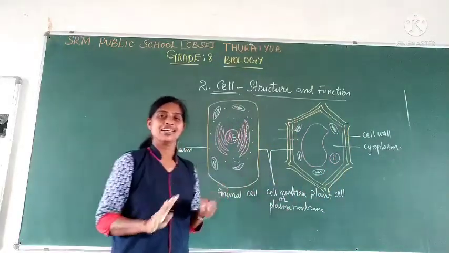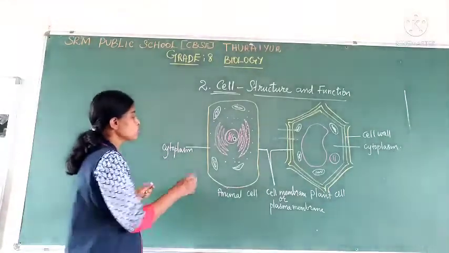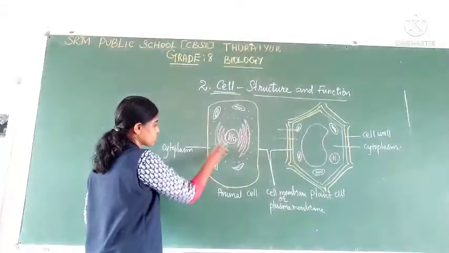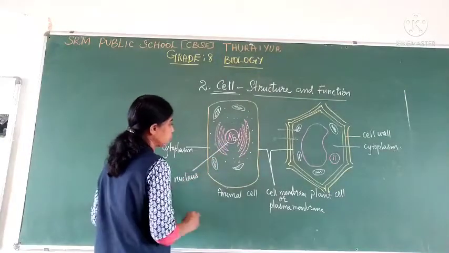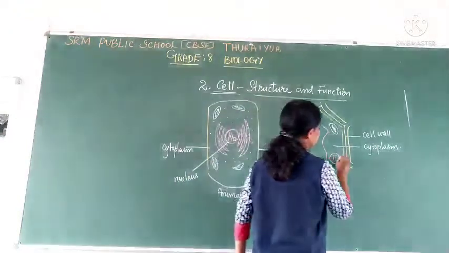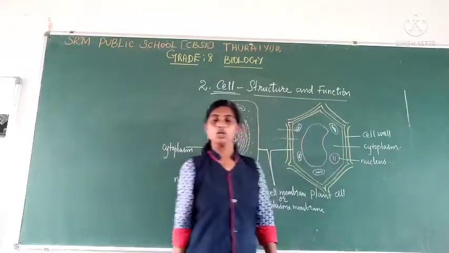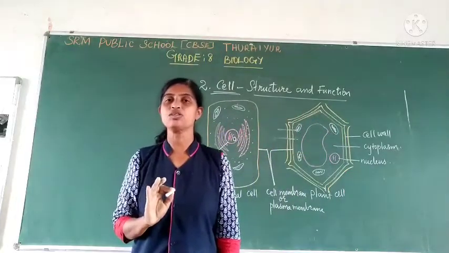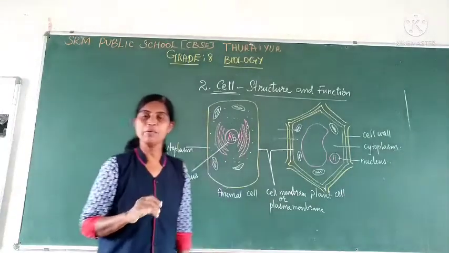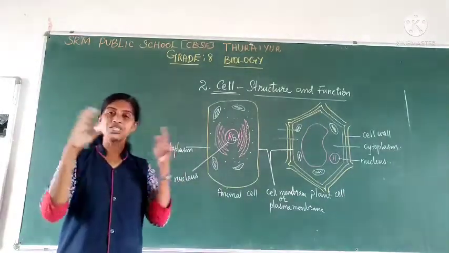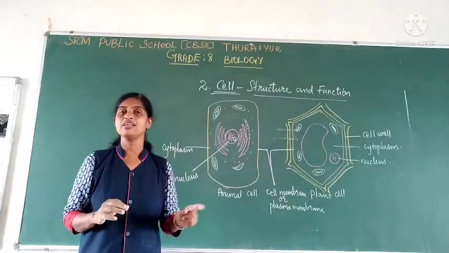Both plant cells as well as animal cells have cytoplasm. And the other most important structure is the nucleus. So the three important structures of a cell are the plasma membrane or cell membrane, which is the outermost layer, then the cytoplasm and the nucleus.